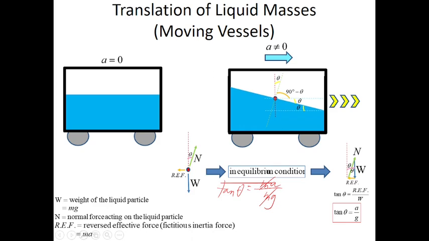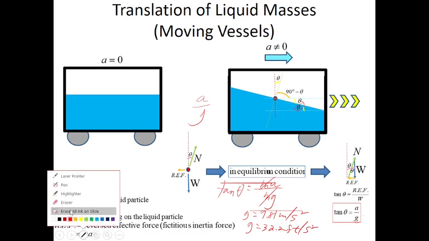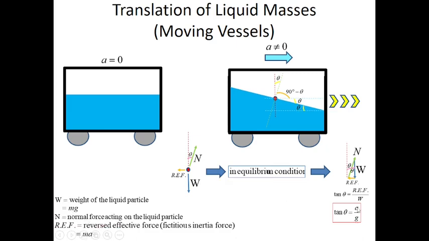So yung angle na to ay equals sa ratio ng A to G. So ano yung G? Acceleration due to gravity, so that is 9.81 meter per second squared o kaya 32.2 feet per second squared. Tapos yung A, yung ating linear acceleration.